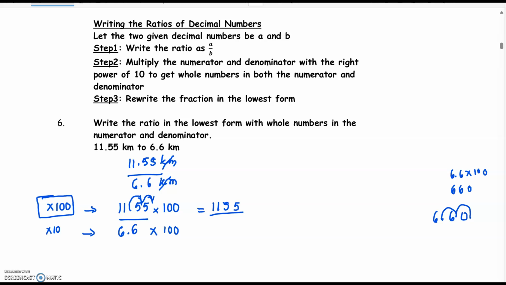You have to have this rule memorized, because we're going to use it a lot, not only in this class but in other classes as well. So this is 1155 divided by 660.